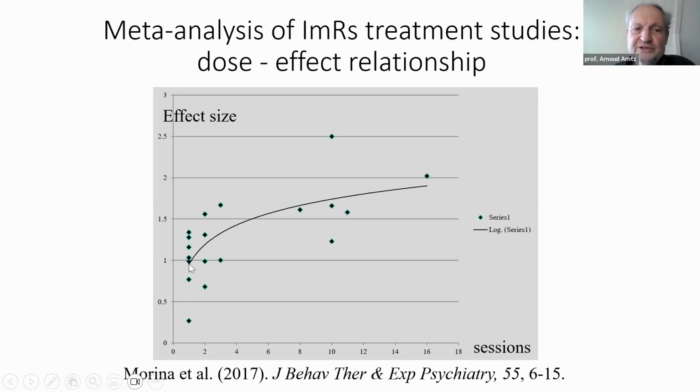A change from pre to post treatment. So one session already has on average a large effect, and that effect rose with an increasing number of sessions. The maximum that was found in these studies was 16 sessions, where in general you have an effect size of Cohen's d 2, a very large effect.